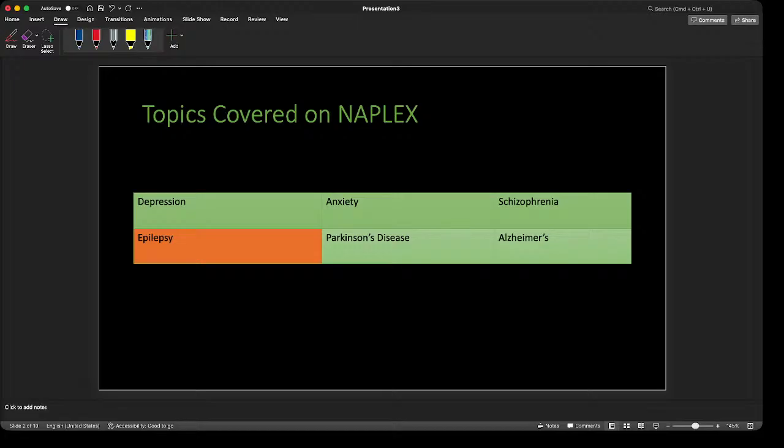We also talked about that there might be some overlap with anxiety. Some of these other topics I haven't discussed yet, but you will see these later on in future lectures.